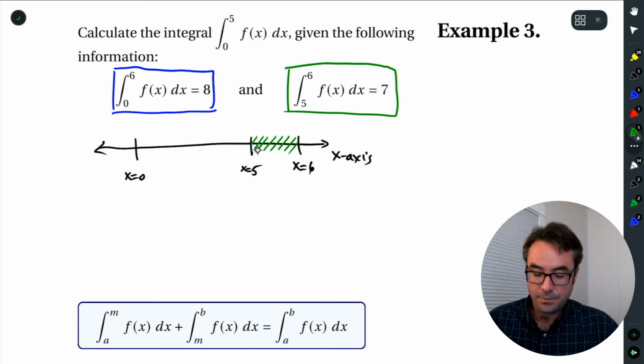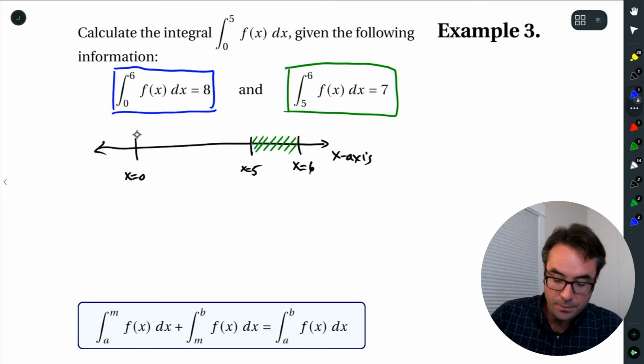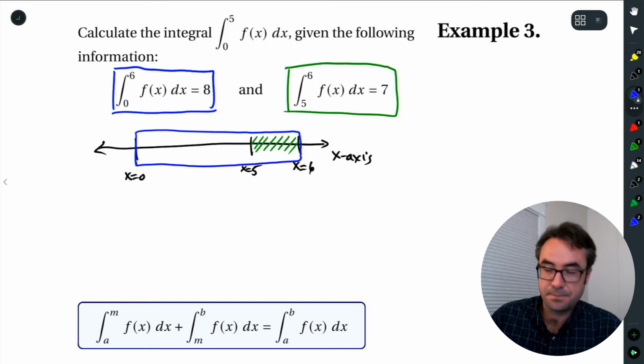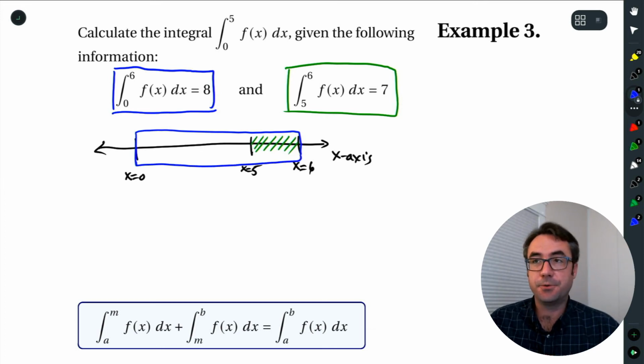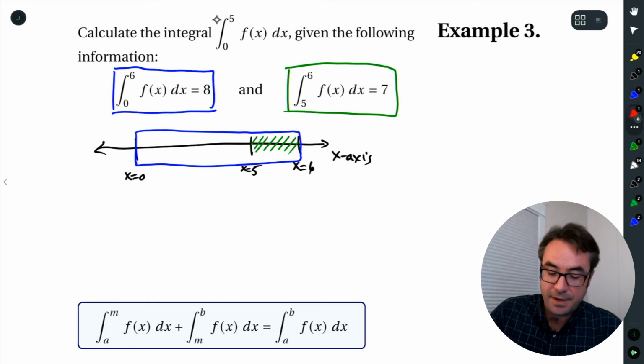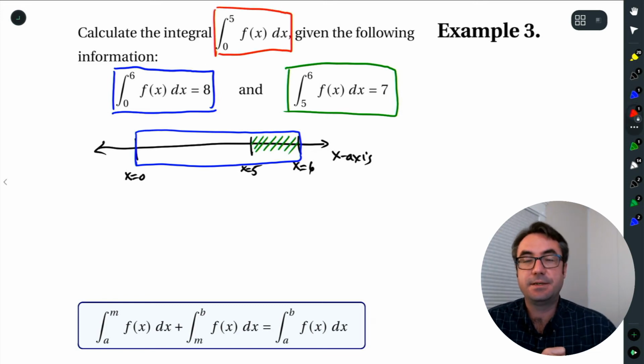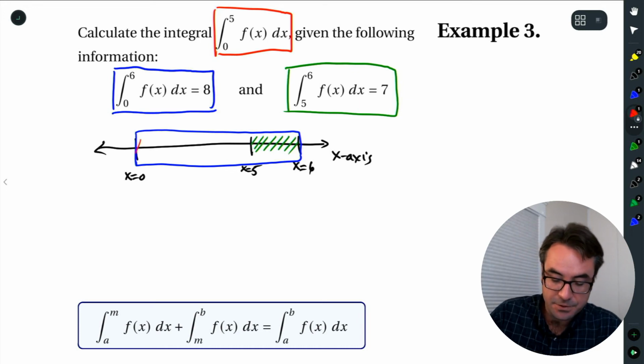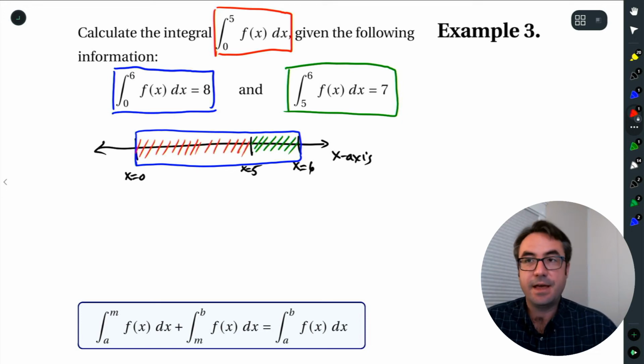So we know this chunk here, and we know the entire interval here from 0 to 6. And what we're trying to do is find this unknown definite integral from 0 to 5. So we have this unknown piece going from 0 to 5 that we're trying to figure out.